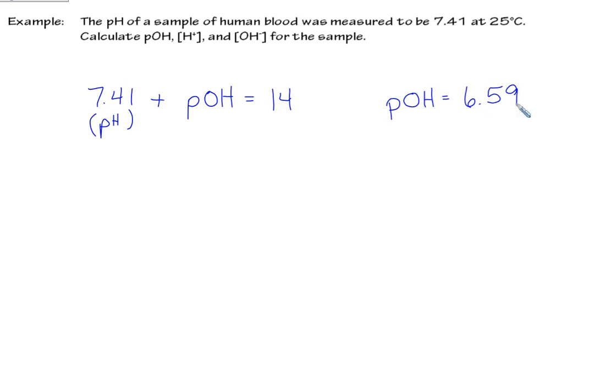The hydrogen concentration. People always kind of forget about this. If you know the pH and you understand logs, you can figure out the hydrogen concentration. The log is just the exponent of 10. pH is the opposite exponent of 10. So all we've got to do is say 1.0 times 10 to the negative pH, the 7.41, the opposite of the pH.